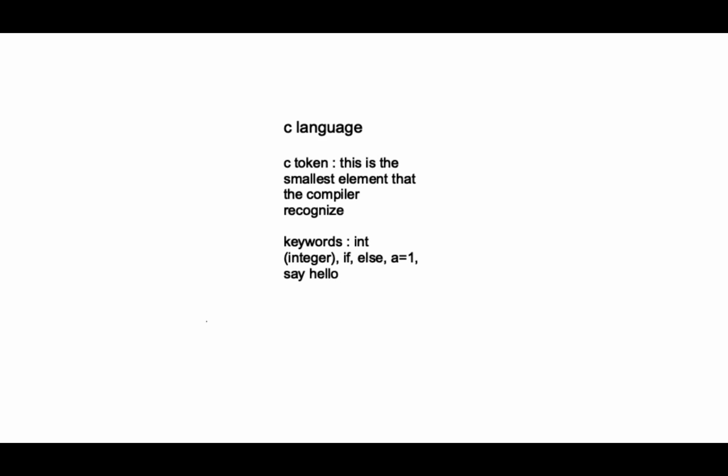So this is a condition. Then C is going to look for A. If A is not equal to 1, C is not going to say anything. Once it finds out that A equals 1, it's going to say hello. So it's just a normal scenario that actually happens in real life.